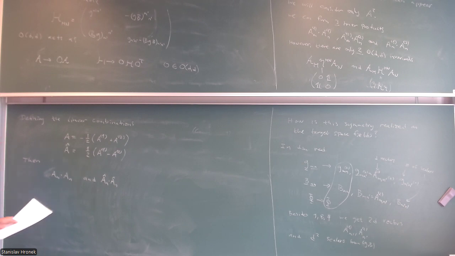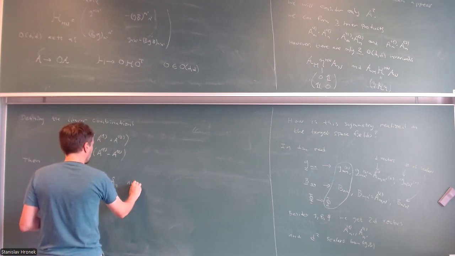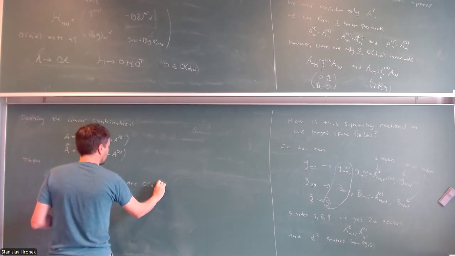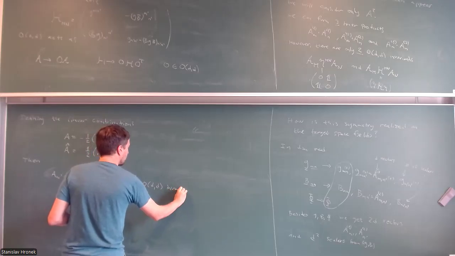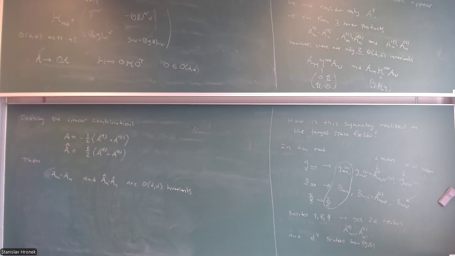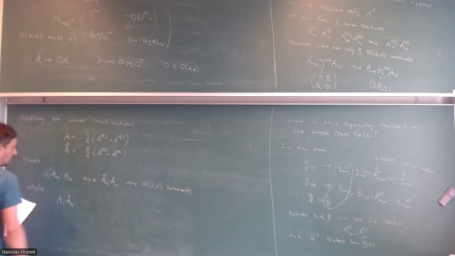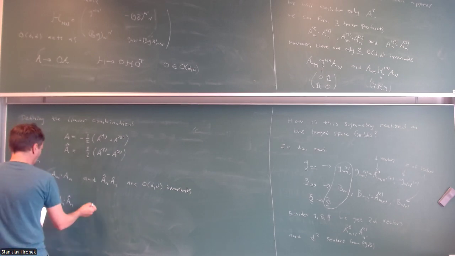Those are the two O(d,d) invariants for a linear combination. Those are fine, those are compatible, since one is manifestly invariant under O(d,d), while the other, the inner product of A with A hat, the product between these two, cannot be O(d,d) invariant. In fact, it violates O(d,d) explicitly.